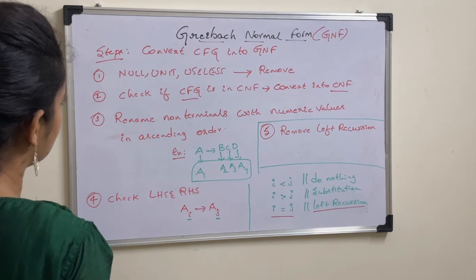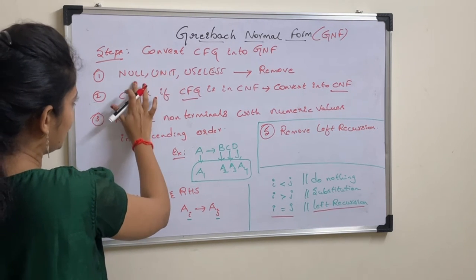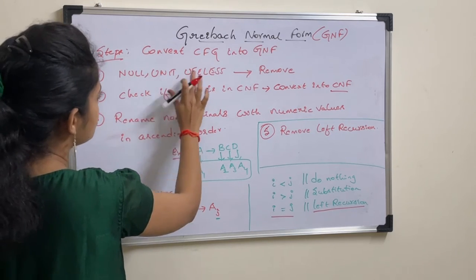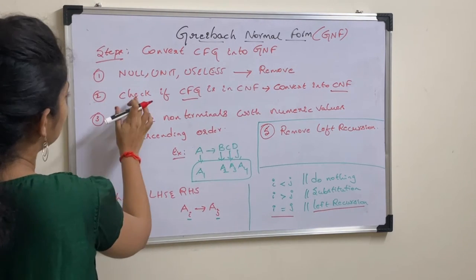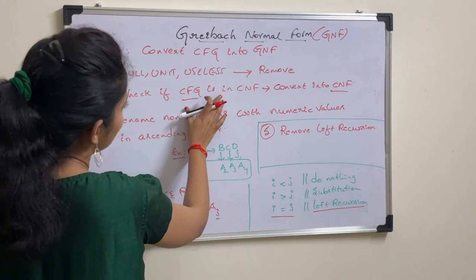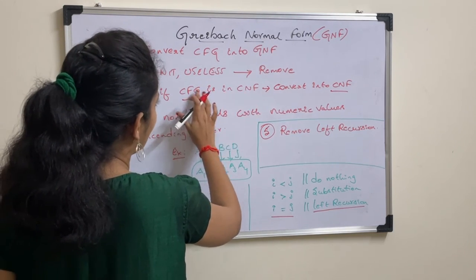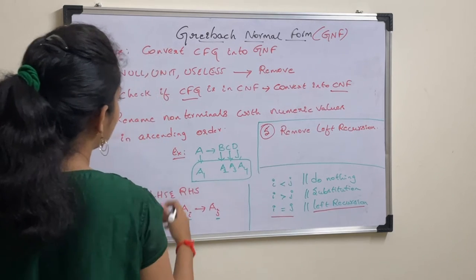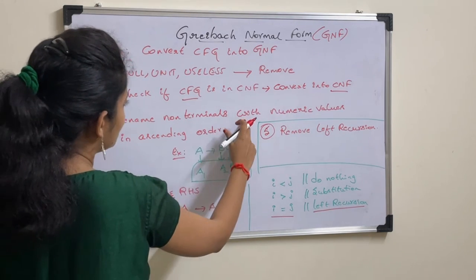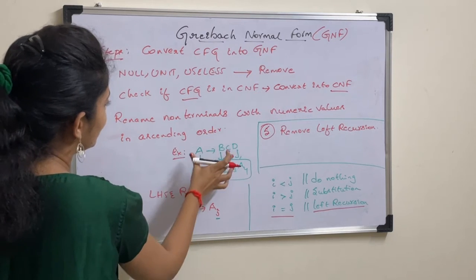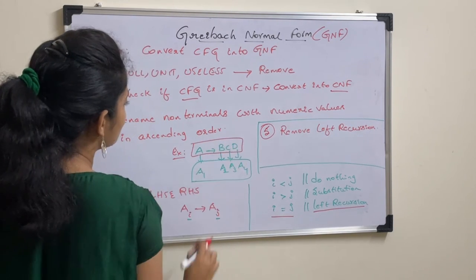So what is step 1? First check if your grammar contains null productions, unit productions or useless symbols. If so, you need to remove them. Step 2: check if the context-free grammar is in CNF or not. If not, convert that grammar into CNF and then proceed. Step 3: rename non-terminals with numeric values. Initially my non-terminal symbols are like this: A derives BCD.